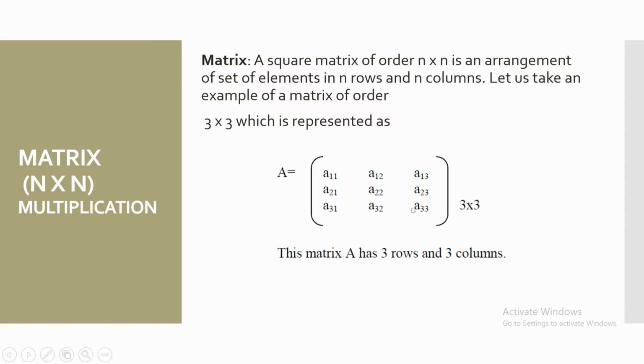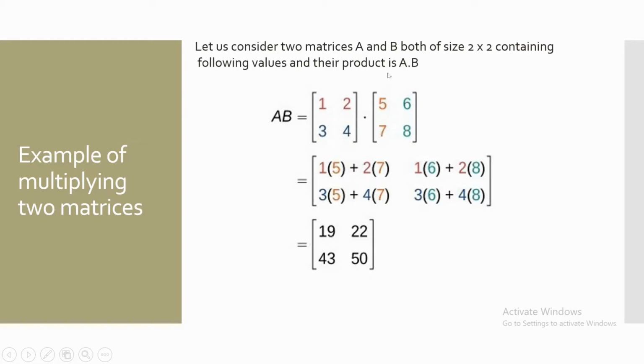So here I have created a 3 by 3 matrix. So in this way we can have an n by n matrix, right? So if I have an equal number of rows and an equal number of columns, then we call it a square matrix, right? So now we are moving further.